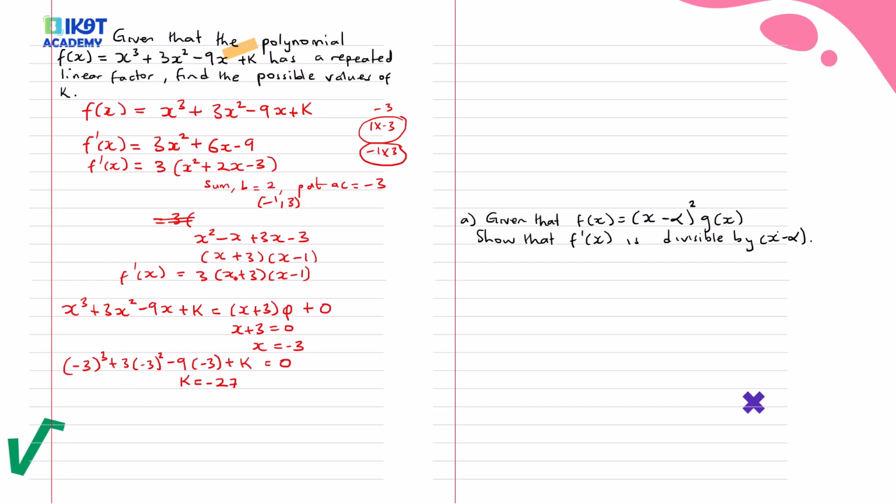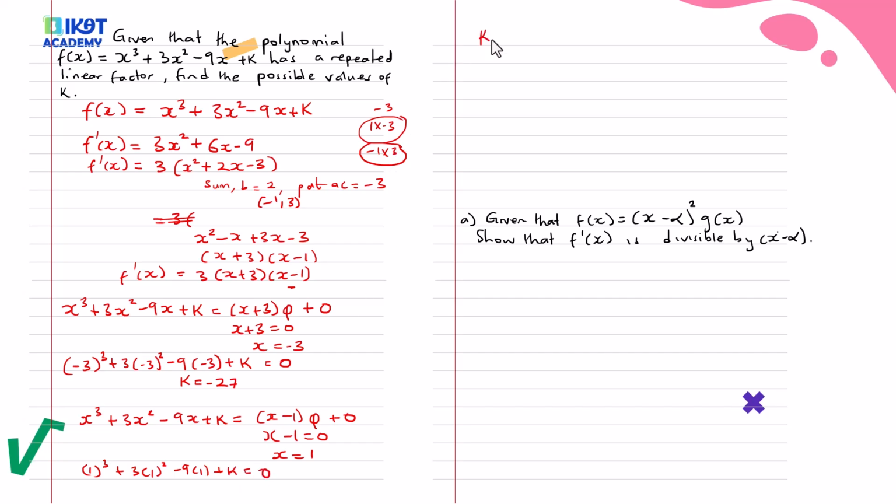Then now we also put the second one, x minus 1. Remember, we have said these are factors, so that means they give a remainder of 0. So here x is equal to 1. Then we substitute 1 into this: 1 cubed plus 3 into 1 squared minus 9 plus k is equal to 0.